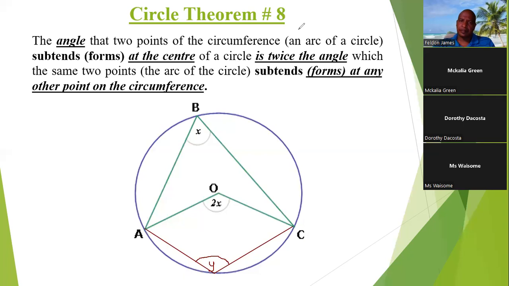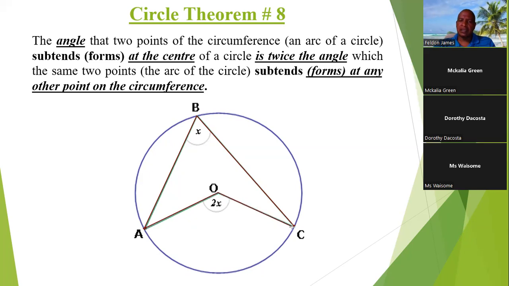All right, so let me clear what we have here. The theorem is saying this way: from 2 points on the circumference, A and C, if you form an angle at the circumference at B, that angle would be X. But from the same 2 points A and C, you form an angle at the center.